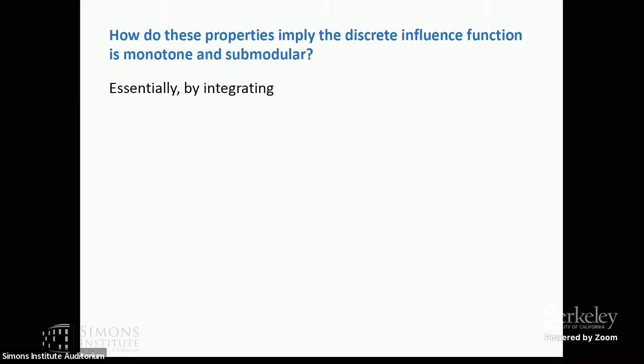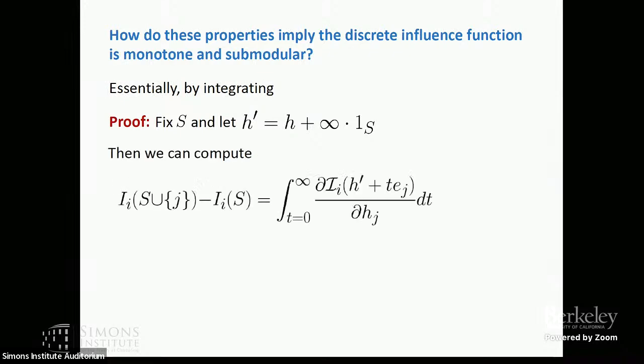And essentially, the proof is by integrating. So let's do it in a simpler case. We just want to prove that this discrete influence function I defined earlier in the talk is monotone as a function of a set S that we're pinning to the value +1. And the idea is that, let's take some external field H, and let's add in something to make all of the corresponding external fields to the set S be pinned to +infinity, so that they get pinned to +1.